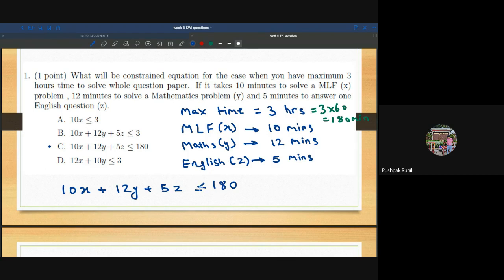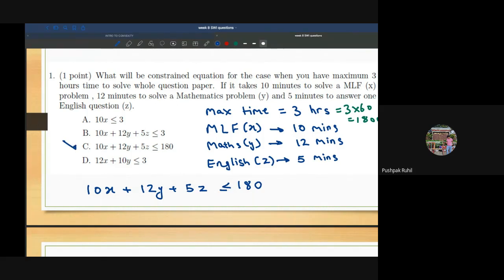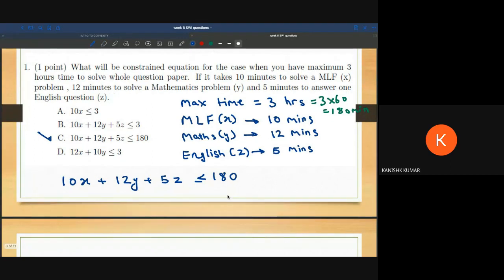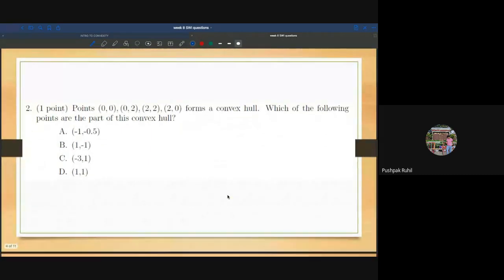So the constraint would be less than equal to, and hence C is the correct option. So I hope everyone understood the problem. Okay. Yes, sir. Understood. All right. Let's move on to the next question.